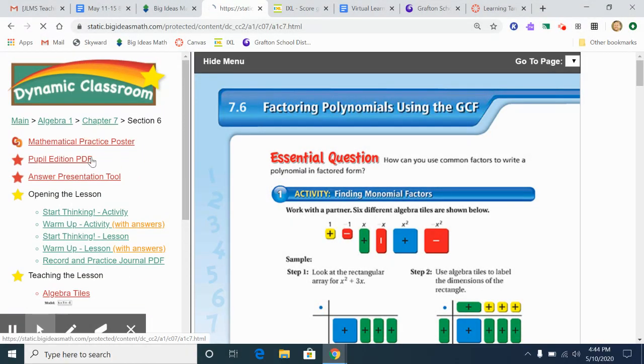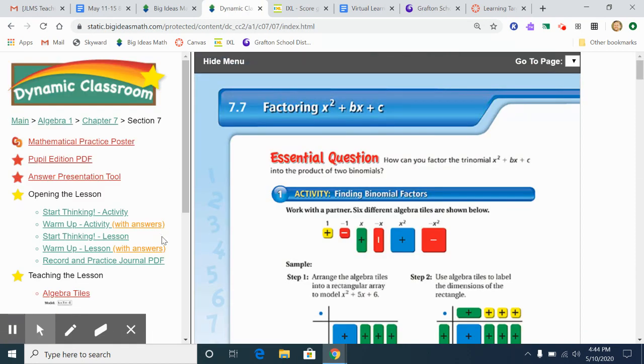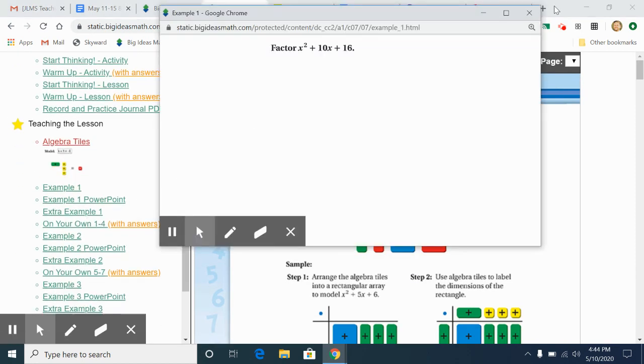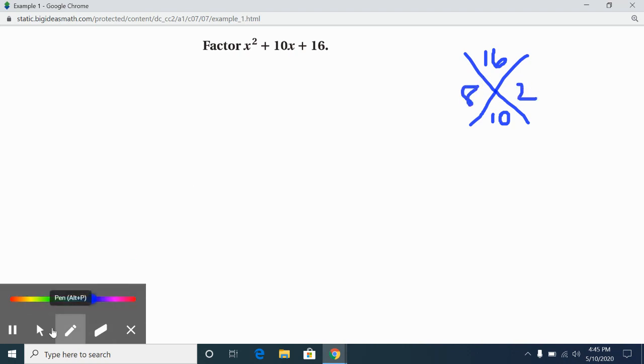Let's look at another factoring example from 7.7, where we have a trinomial with nothing in front of the first term. So like x squared plus 10x plus 16, for example. We tried to figure out what multiplies to 16 and adds to 10, and that was 8 and 2.